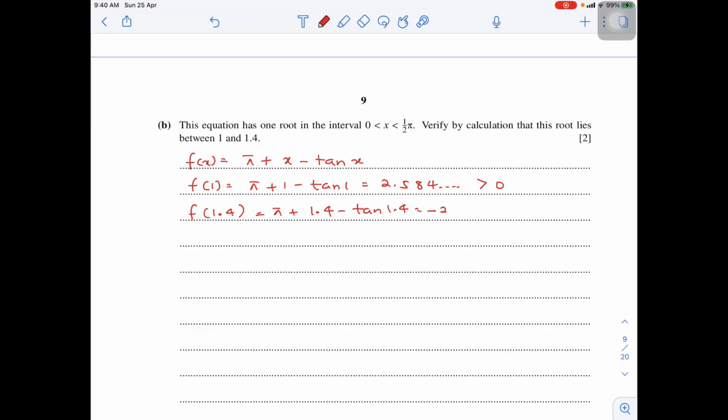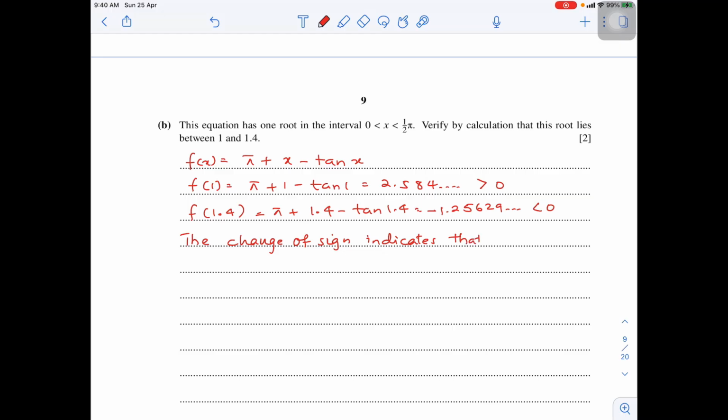and the value is 2.584... more than 0. And f(1.4) is pi plus 1.4 minus tan of 1.4, which is negative 1.25629... less than 0.